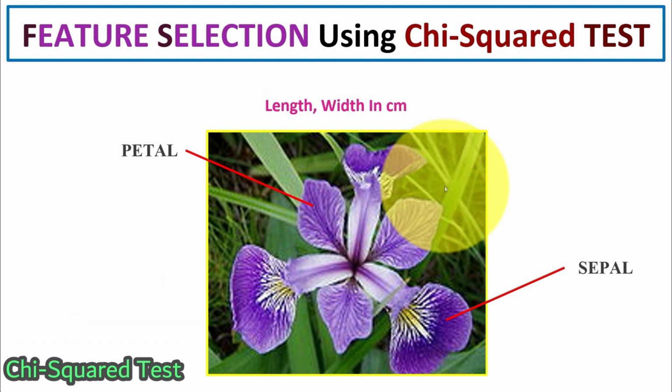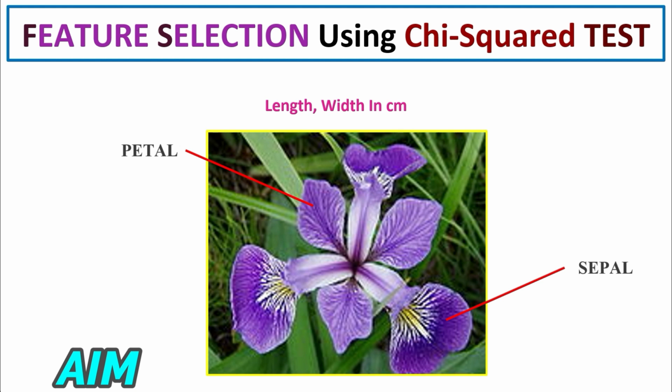Using this method, we will calculate a score that reflects the strength of the relationship between each feature and the species. If we obtain the highest score, it means there is a stronger correlation. So we are using this method to calculate the score, and based on the score we will check the correlation between species and the features. In this dataset we will perform feature selection.